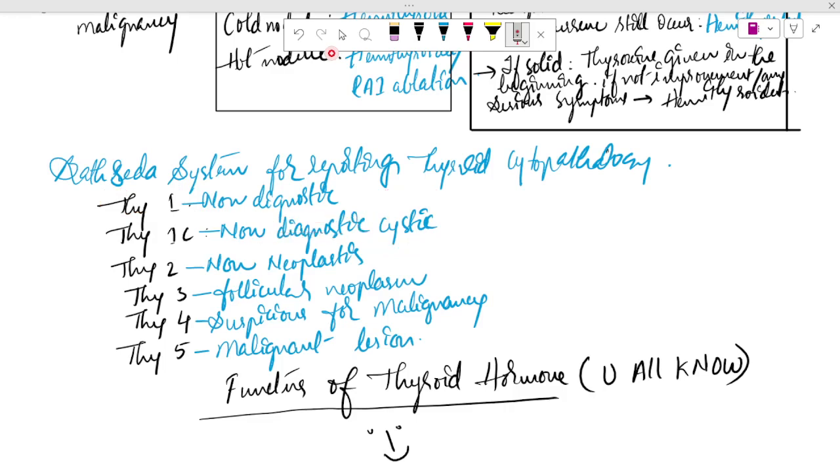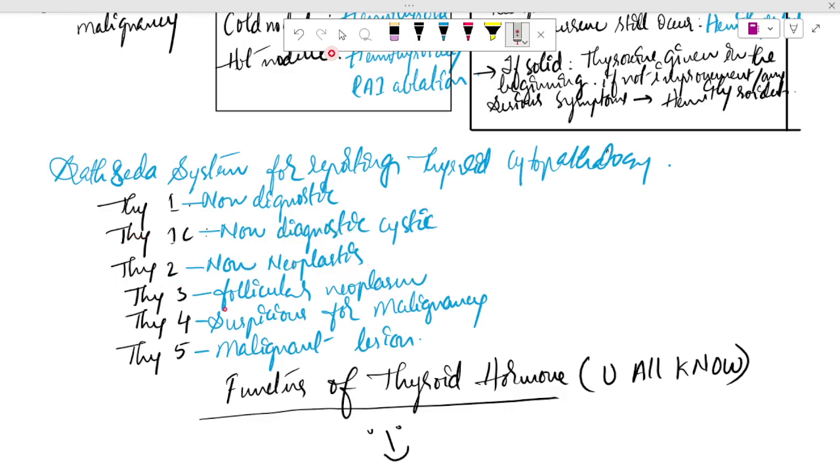Then it is designated under THY1C. Now, if you confirmed that there is no presence of neoplasia, it is non-neoplastic, it is confirmed like the solitary thyroid nodule is non-neoplastic, then you can designate it with THY2.